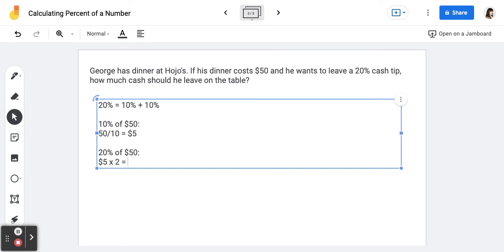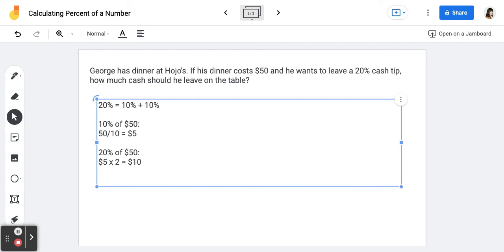Of course, $5 multiplied by 2 is $10. So we can say that he should leave a $10 tip.